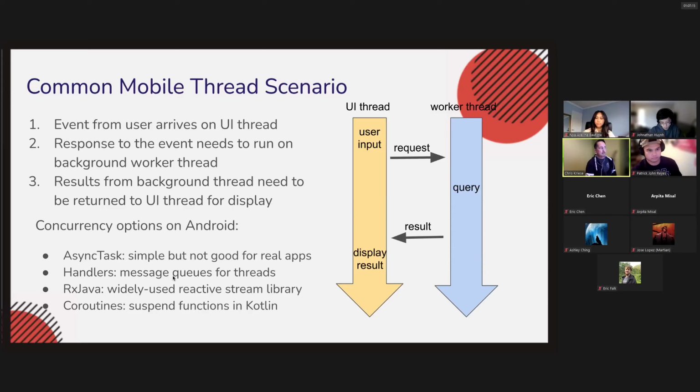Handlers are another way to manage threads, so you can look into that. RxJava is a widely used reactive stream library that supports observable streams. And then coroutines is a native Kotlin framework that uses suspend functions. So if you're using Kotlin, you can use that. Otherwise, I would refer to one of the previous three options for dealing with threads.